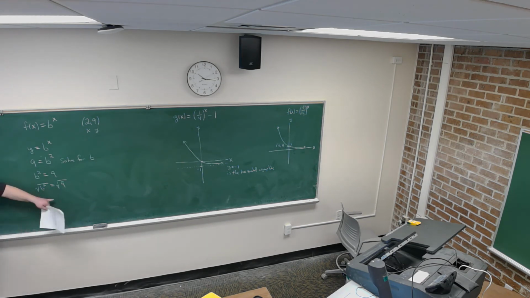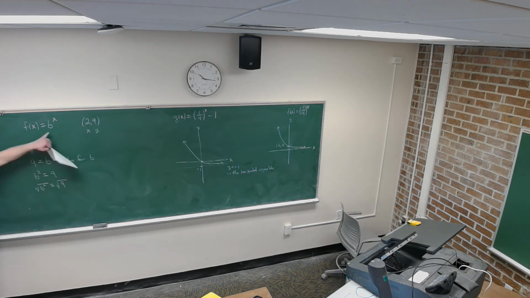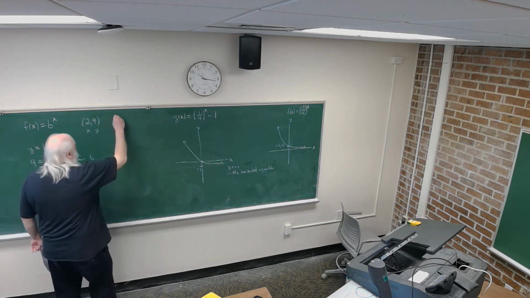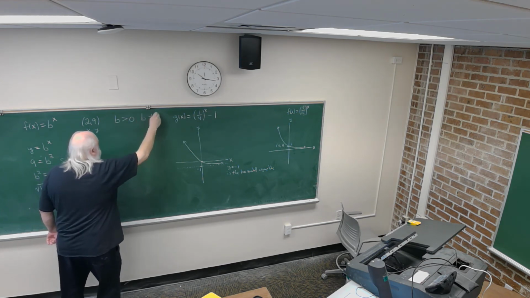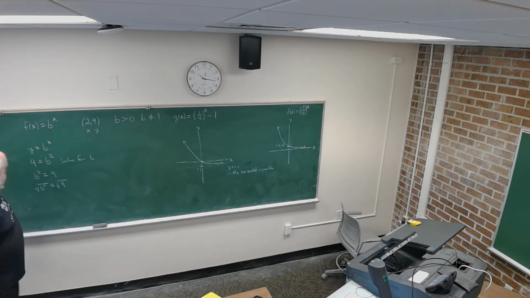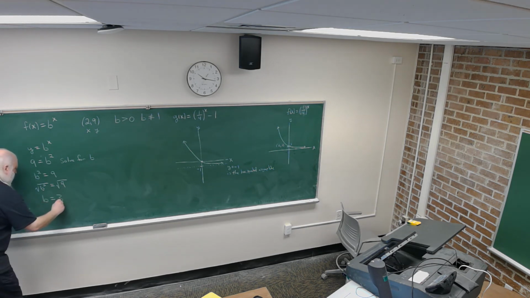Now, usually when we use the square root method, we put plus or minus in front of the square root. Does anybody know why I didn't put plus or minus this time? Because the base has to be positive. B has to be greater than 0 and not equal to 1. So we have b is equal to plus 3.